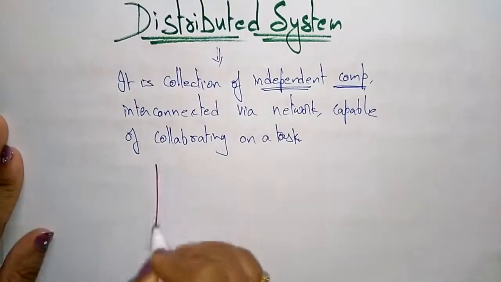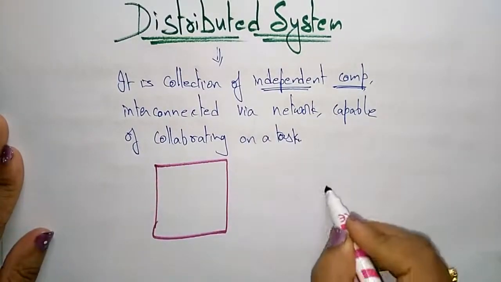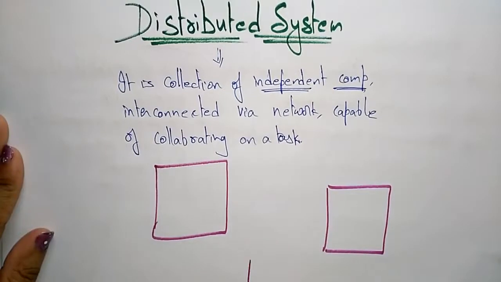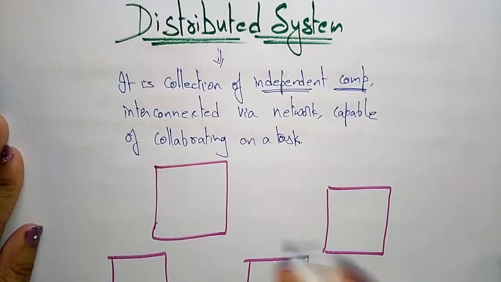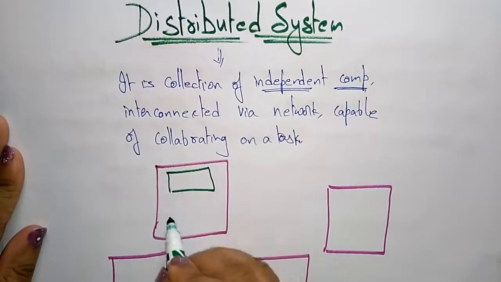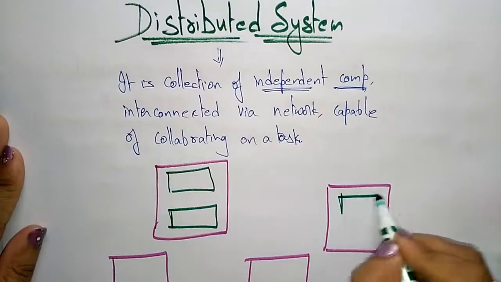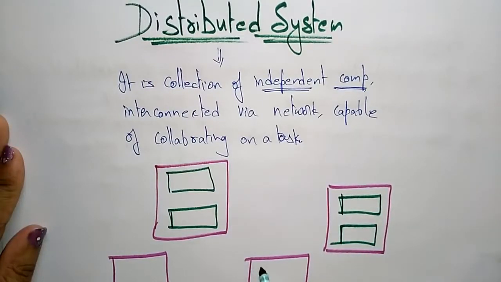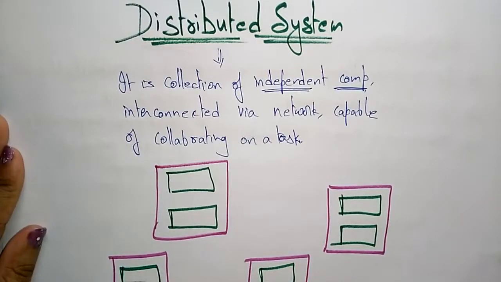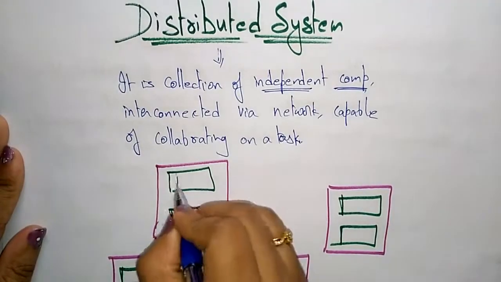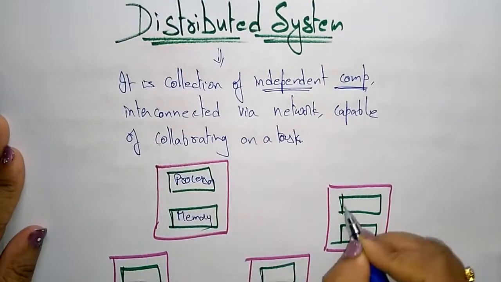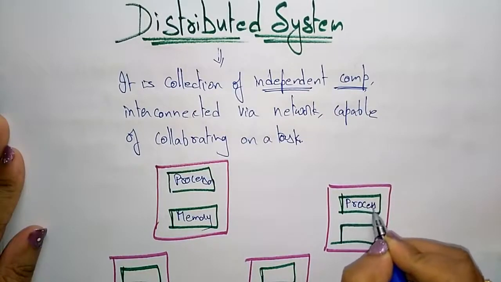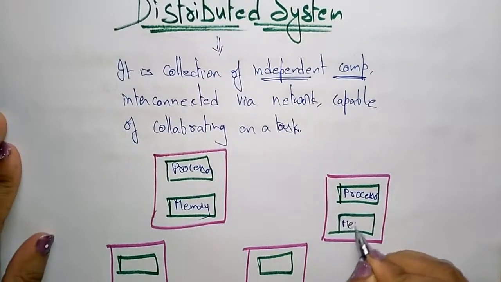Here let us take one processor, and this is one, and this is one. Suppose we are taking different processors. Each system has its own processor and memory. So these are all independent computers.